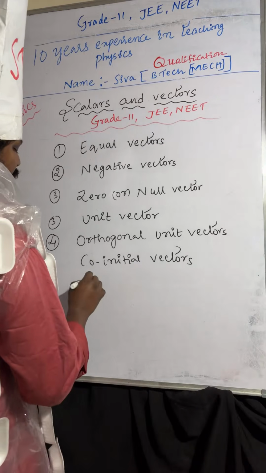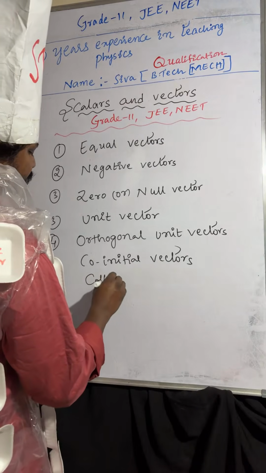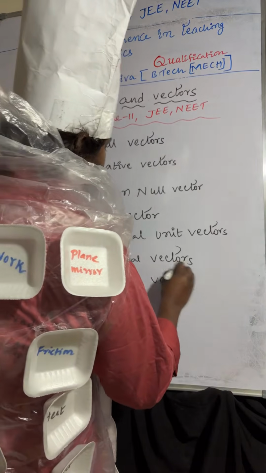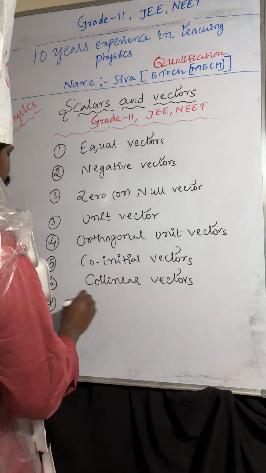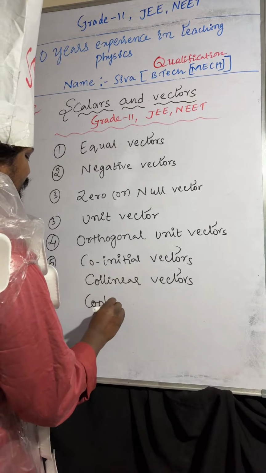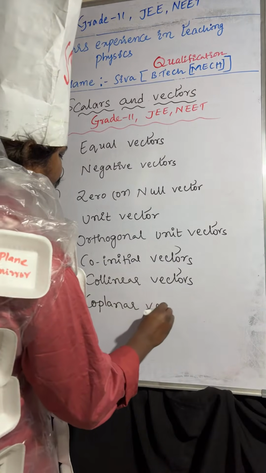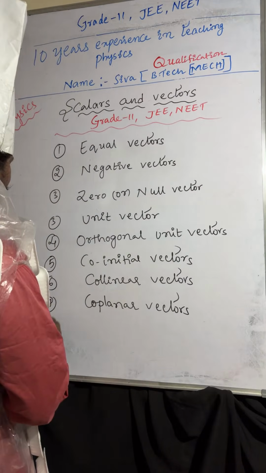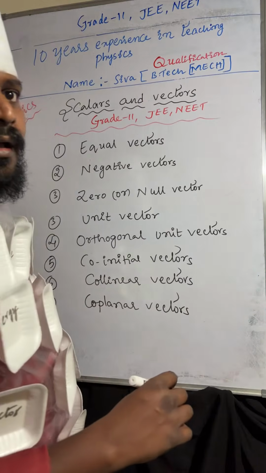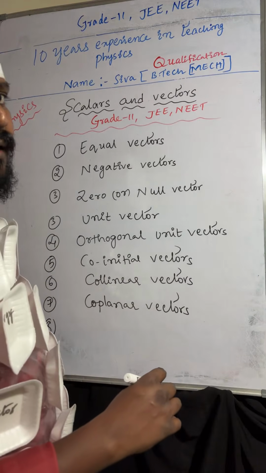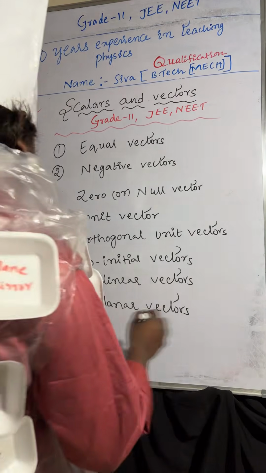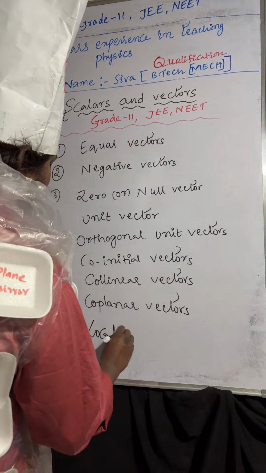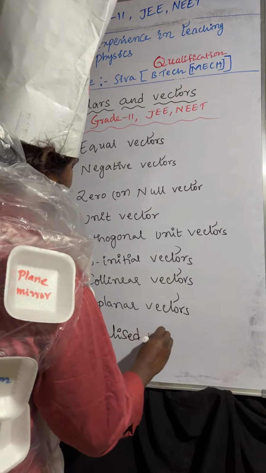Sixth one, collinear vectors. And coming to the seventh one, coplanar vectors. And eighth one, understood? So localized vector.